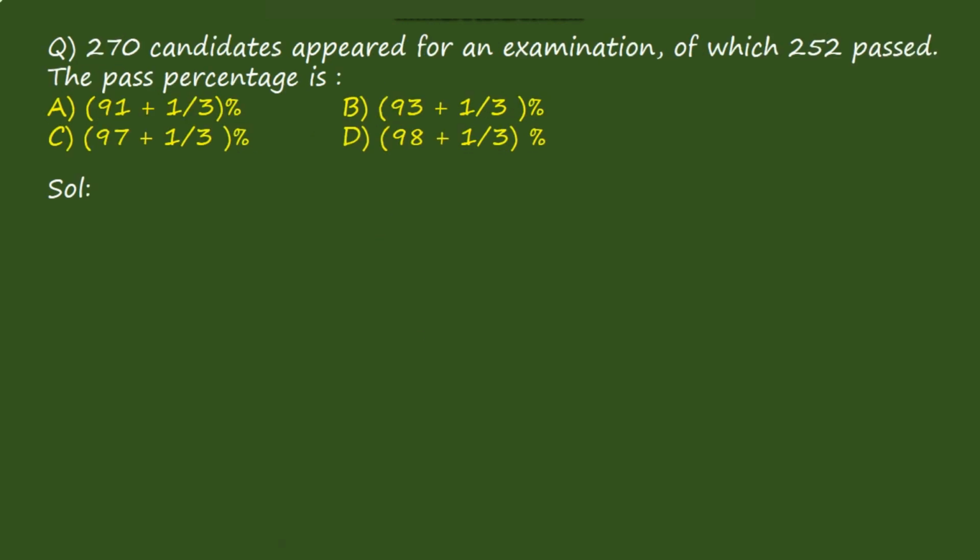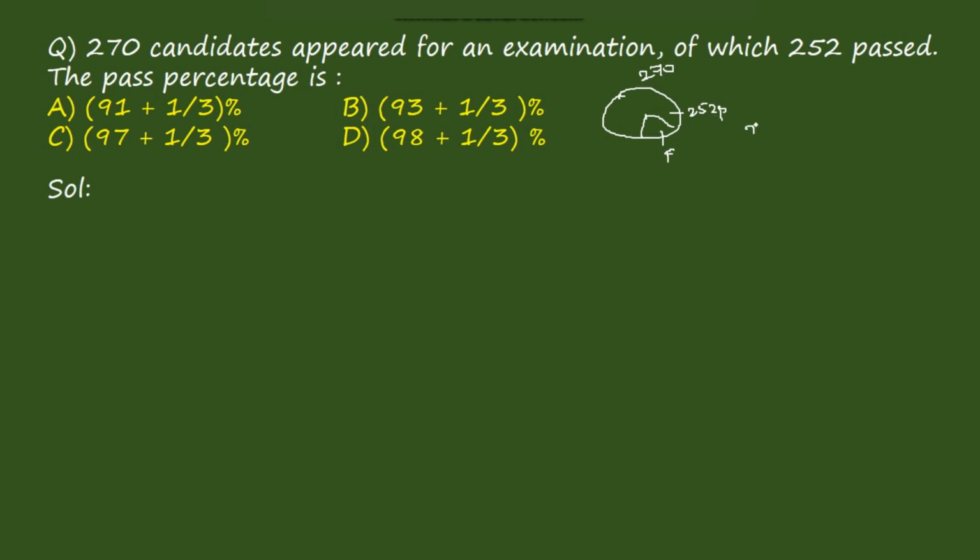Next question: 270 candidates appeared for an exam, out of which 252 passed. There is a class of 270 candidates, among which 252 candidates passed and the rest have failed. They are asking what percentage of them passed.